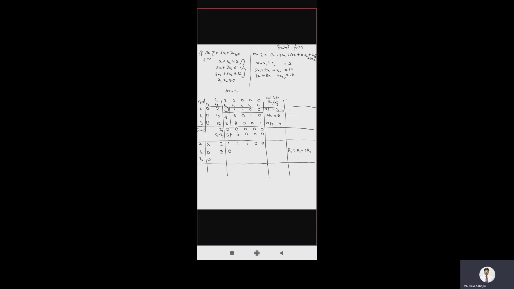And 2 minus 5 will give me minus 3. The next one is 0 minus 5, we have minus 5 over here. Then 1 minus 0 is 1, and 0 minus 0 is 0.